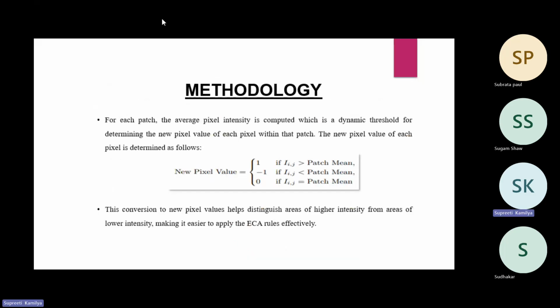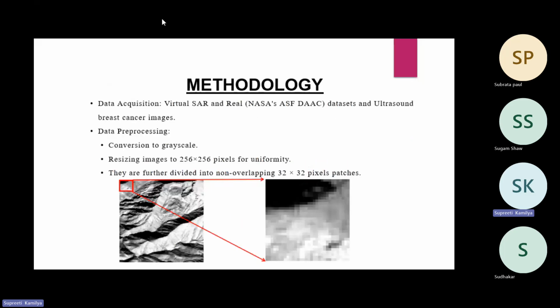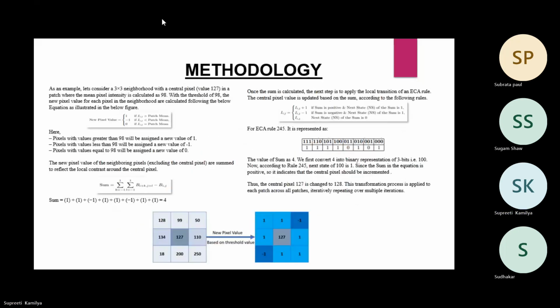Now, I'll explain the methodology, what we are doing. First, the image: we are patching it, and after patching, we are assigning new pixel values to each pixel. If you see the grid on the left-hand side, this is a particular 3x3 patch, and these are the values.